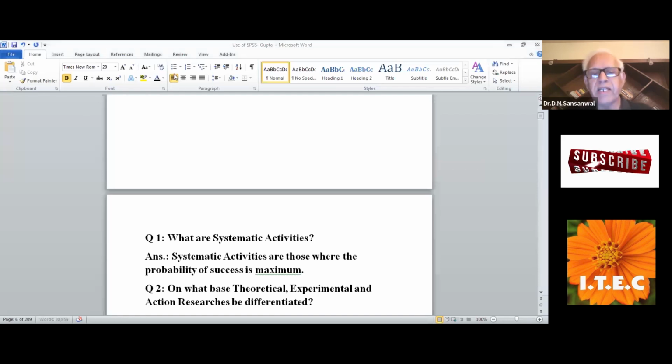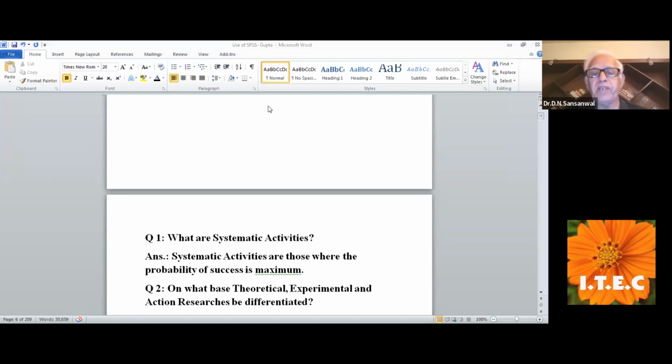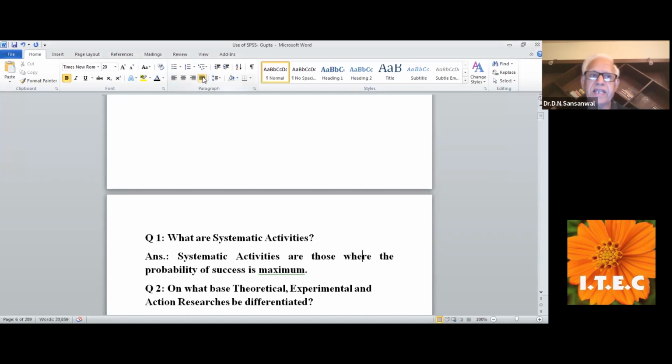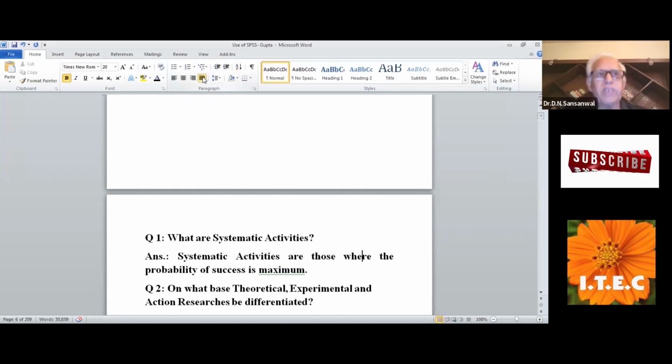So I have answered the first one. The probability of success is maximum. Yes, Gaurav, this is all right. So systematic activities are those where the probability of success is maximum, or activities carried out systematically means where the probability of success is maximum. It can never be 100%, but it has to be maximum.